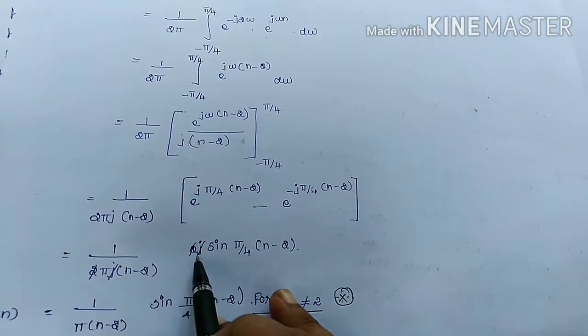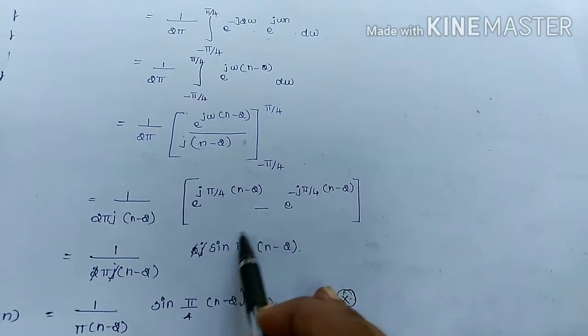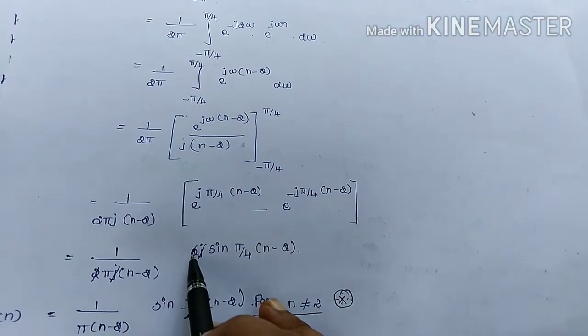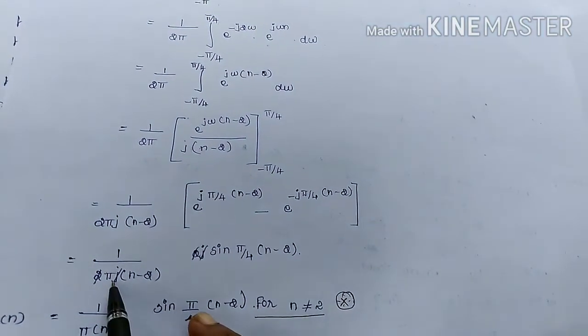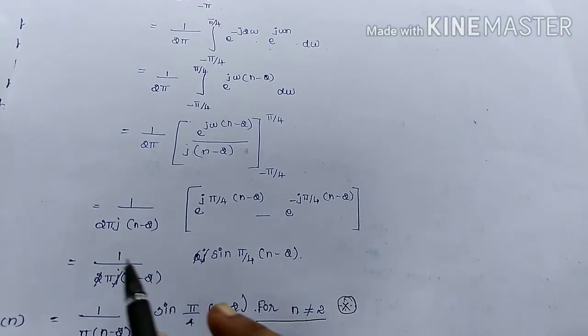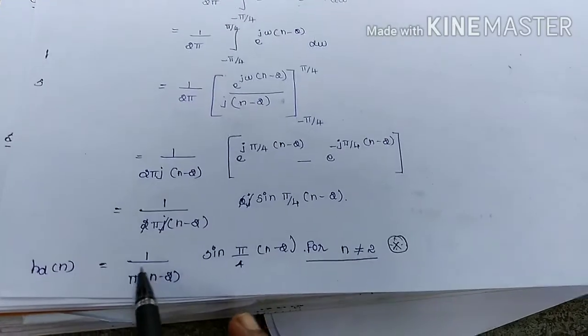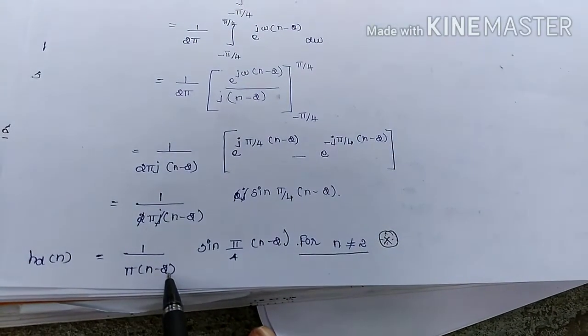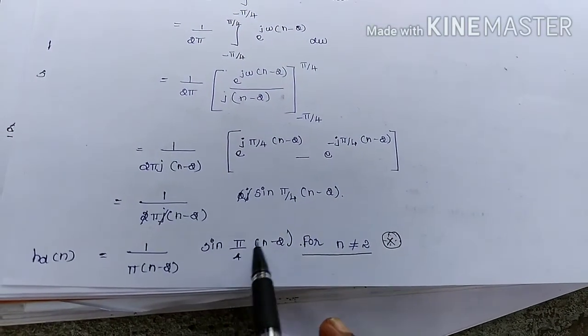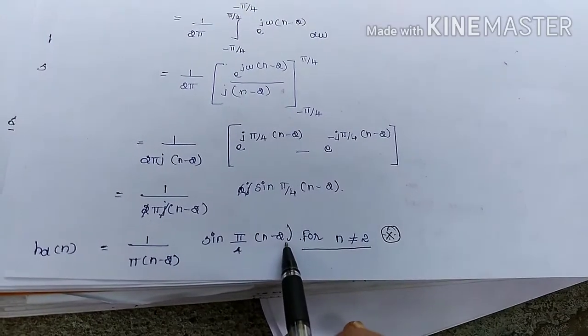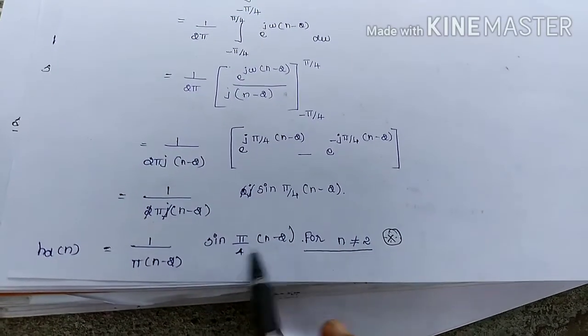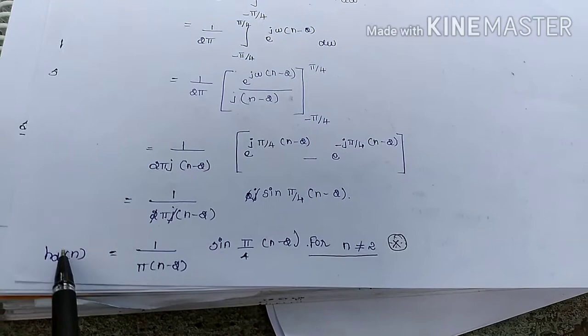Here the numerator contains 2j and the denominator contains 2j, so these two terms cancel each other. Finally I get 1 divided by pi (n minus 2) into sine pi by 4 (n minus 2). Listen carefully here. This is the final answer for Hd of n.